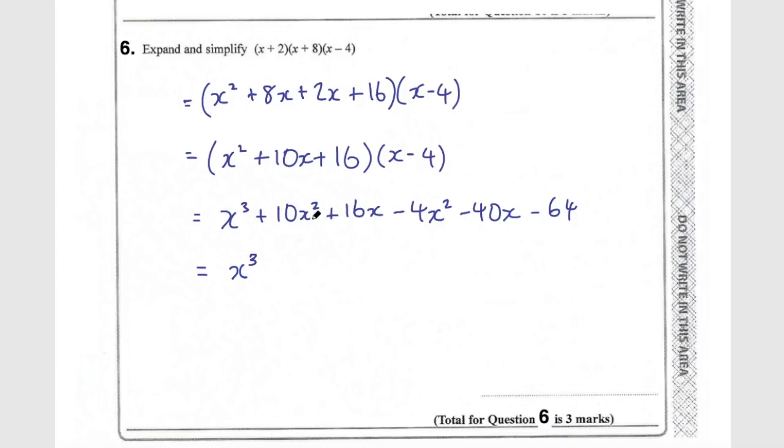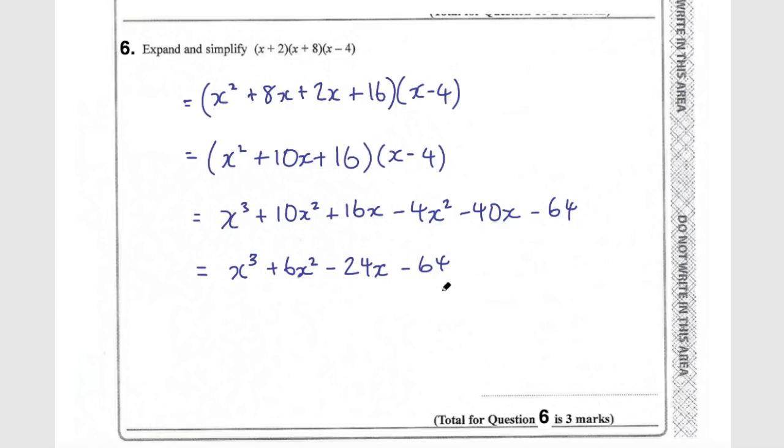Then 10x squared minus 4x squared will be plus 6x squared, and then we have 16x minus 40x, that will be minus 24x, and then we have this minus 64 at the end.